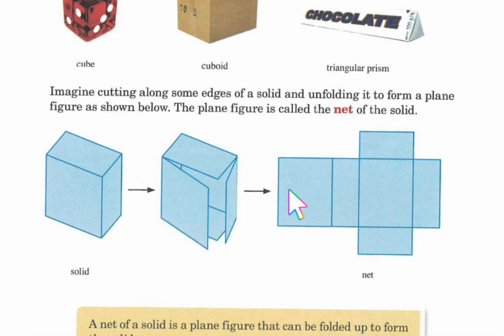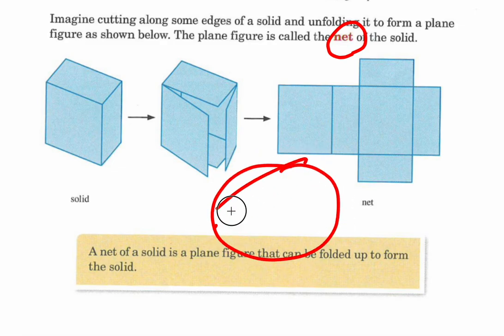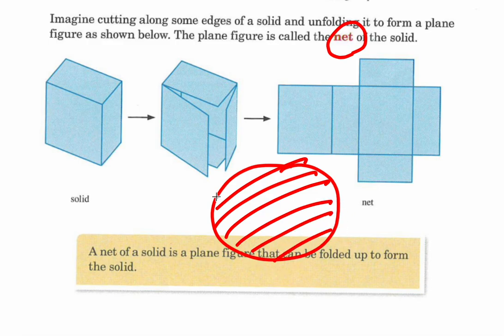Now let's imagine cutting along some of the edges of the solids and we unfold it. What we get when we unfold it is called the net. Just like how you would use a fishing net to catch some fish, right? An open net, when you open up your net to catch fish, it is a two-dimensional figure.